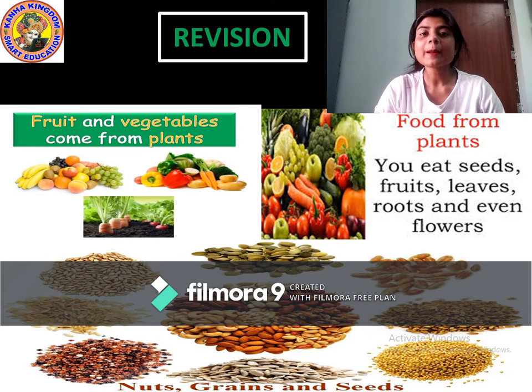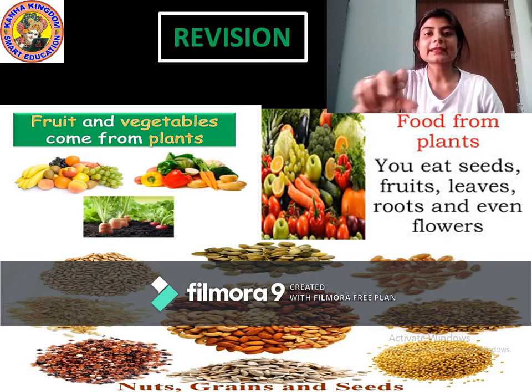The roots of the plants that we eat as vegetables are beetroot, radish, carrot, turnip. Okay, these are the vegetables that we eat, and these are the roots of a plant that we eat as vegetables.